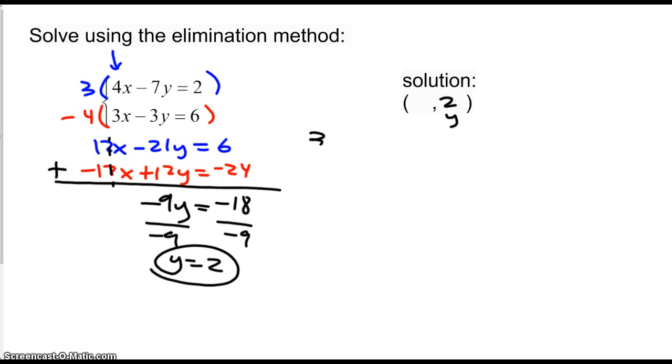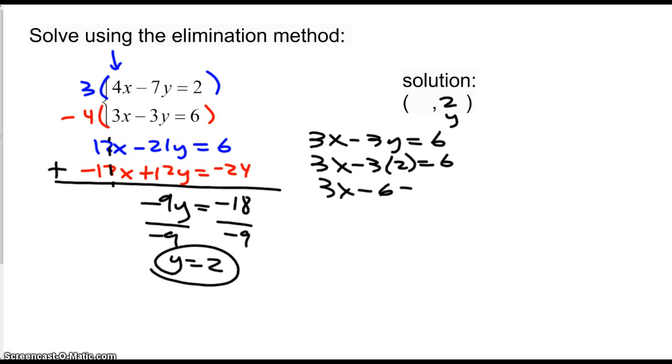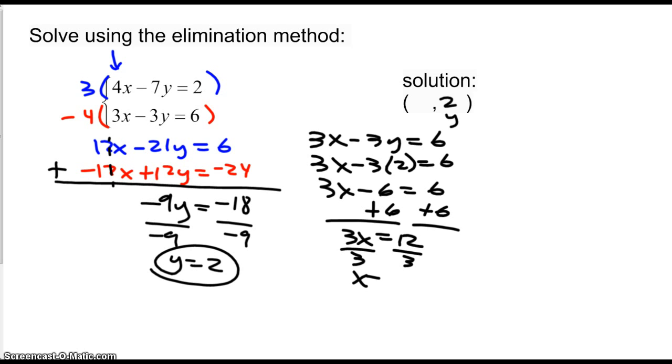Okay, I'm going to use the second equation to back substitute the y in to get the x. So 3x minus 3 times 2 for y. 3x minus 6 equals 6. Add 6 to both sides. And then 3x equals 12. So x equals 4. So it looks like the correct solution here is 4 comma 2.